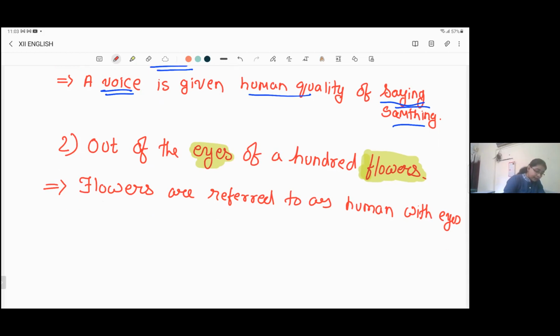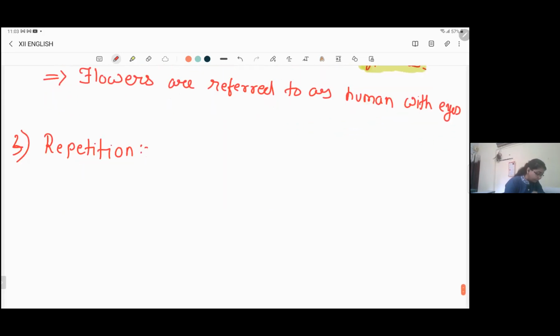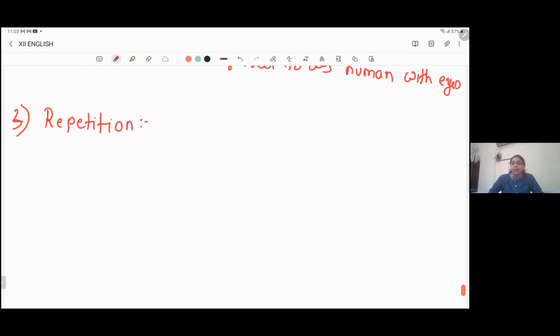Now, next we will go to repetition. Alliteration and repetition are two different things. Alliteration means we already know that letters, alphabets, are repeated.